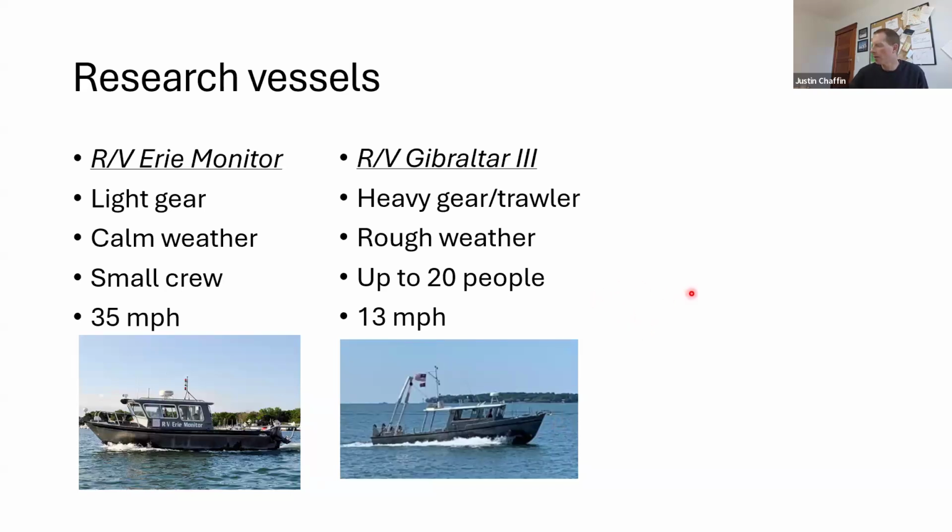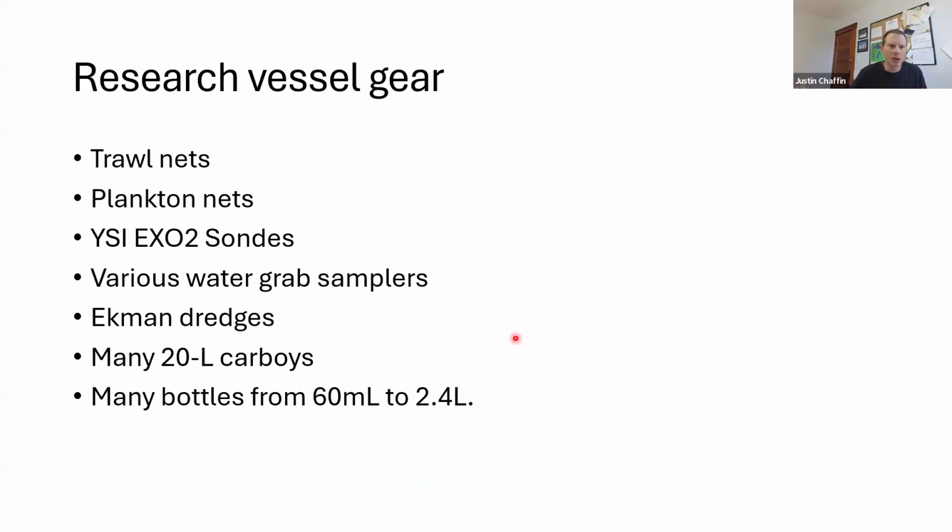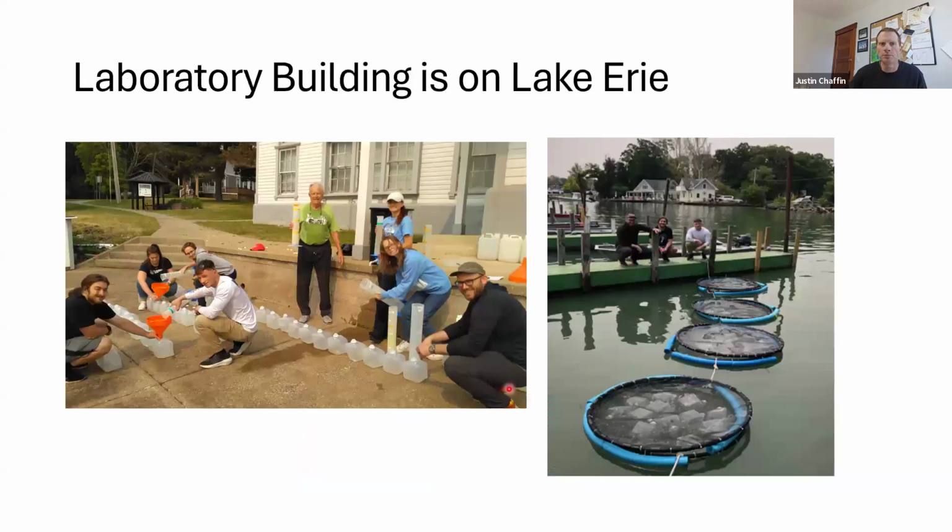Some gear on our research vessels: trawl nets, plankton nets, sondes, various water samplers, Ekman dredges. We have basically an unlimited supply of carboys and bottles that we can use. And you can also bring your own gear if you have a special radiometer or anything like that.